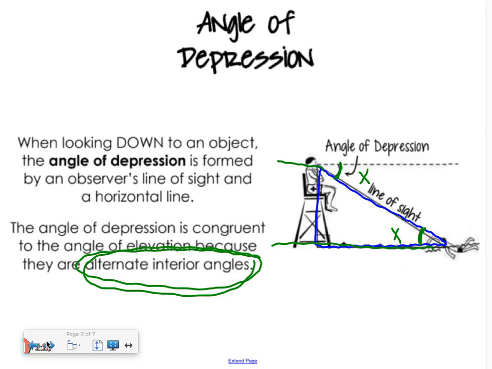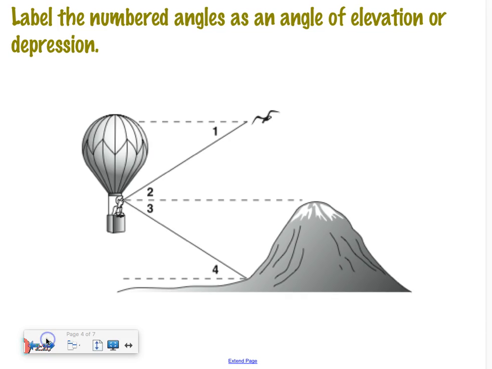Now we're just going to try a problem, okay? Here we go. Oh, I lied. We're not trying a problem yet. Can you guys try to label these angles as either angle of elevation or depression, the numbered ones? Is it an angle of elevation or an angle of depression? Is it above the horizontal or below the horizontal? It's kind of all you're really looking at.